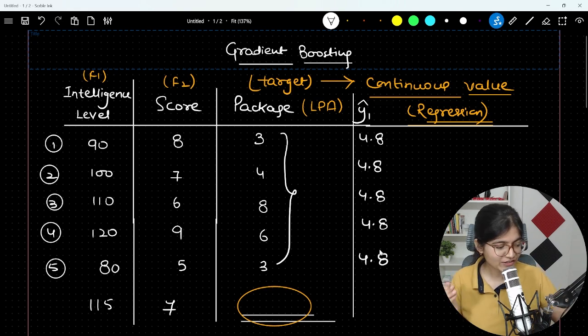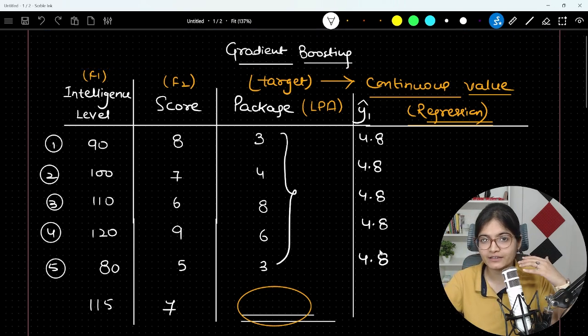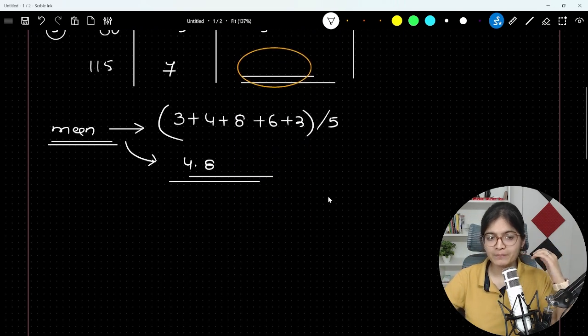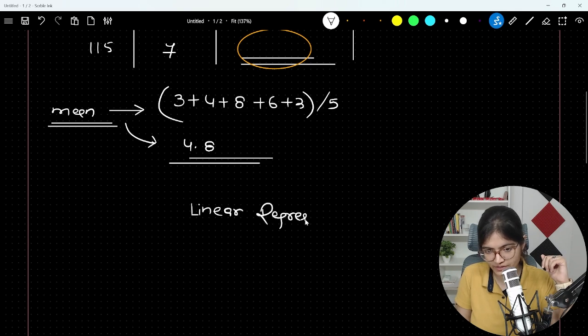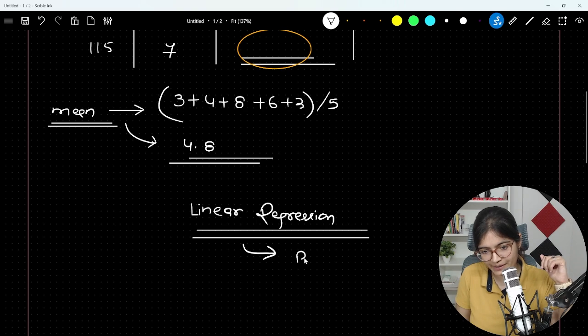Makes sense? Now the next part is to evaluate the residuals. If you remember our discussion from previous modules, in the linear regression module, in the very first discussion, we talked about this term called residuals.